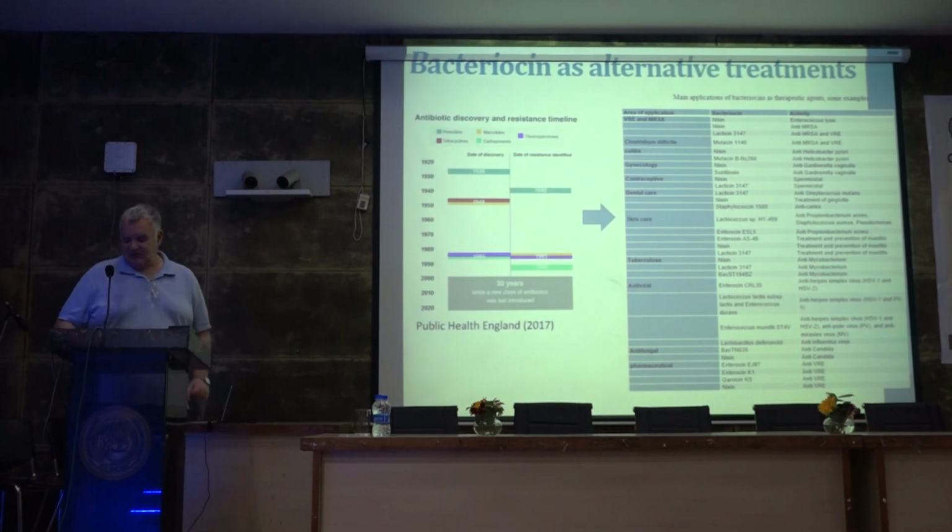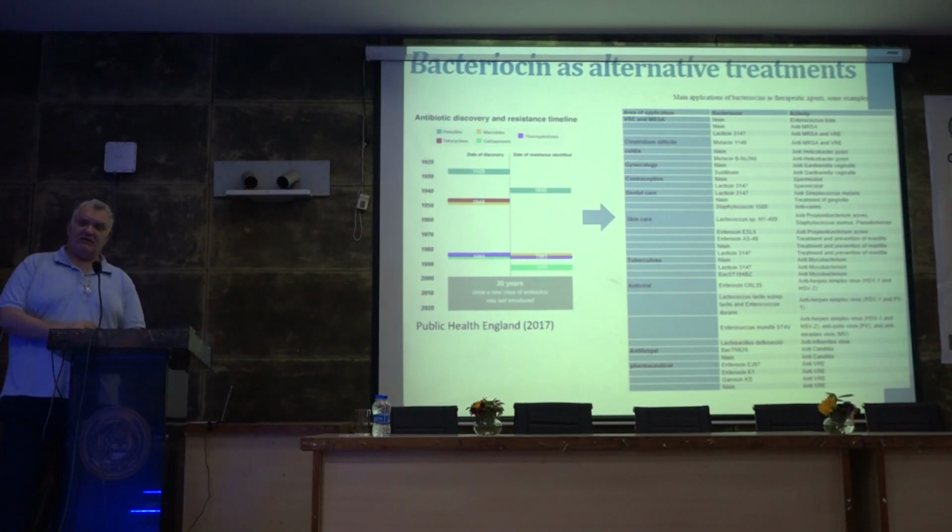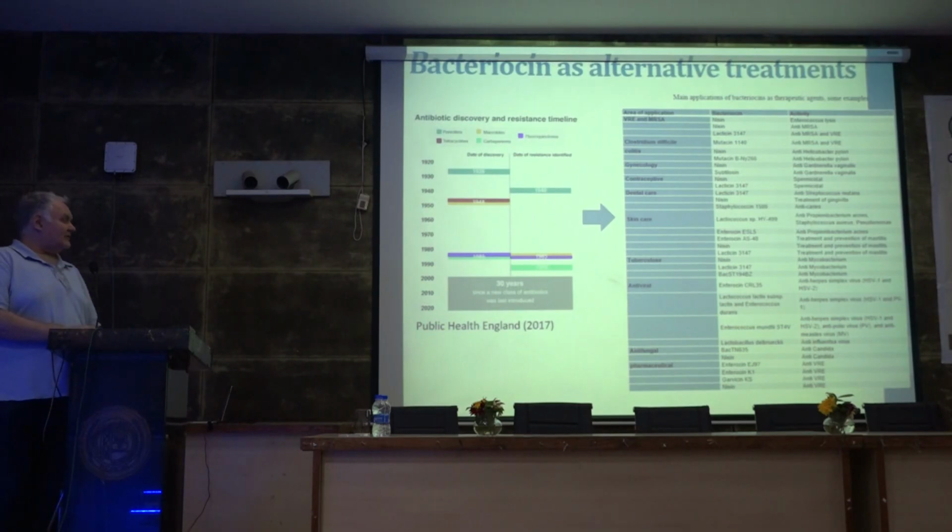So it shows that bacteriocins can be considered as a next stage to, at least temporarily, win this battle against antibiotic resistance, because we need more and more ways to do this kind of treatment.